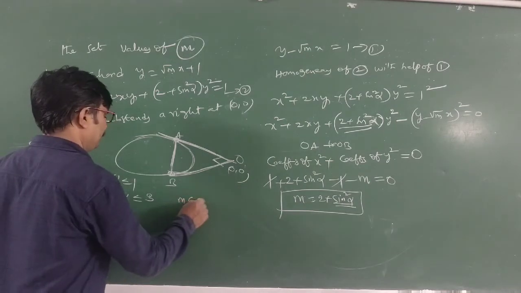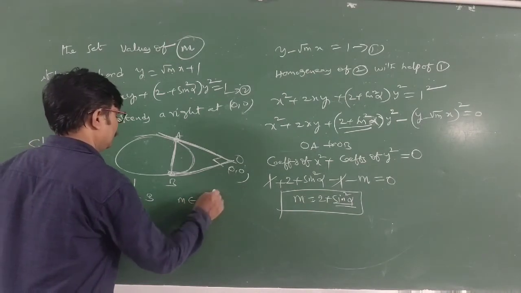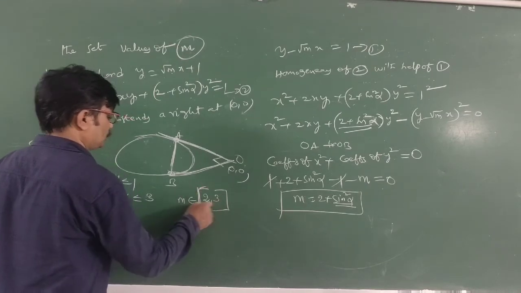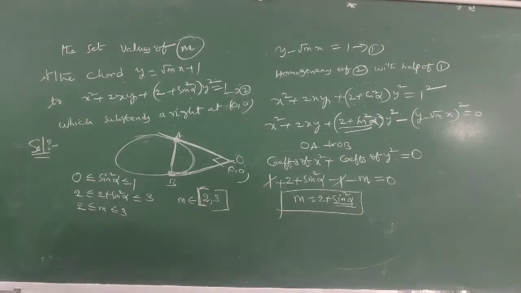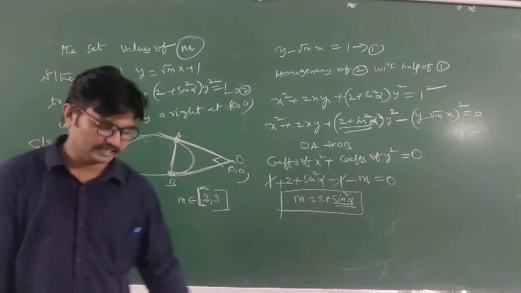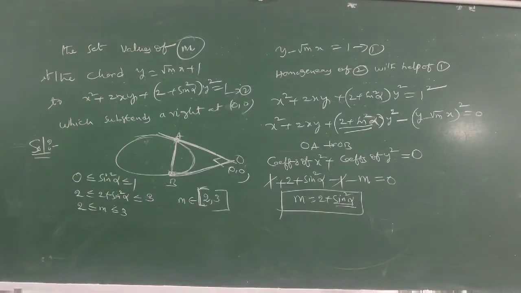So m belongs to [2, 3]. Is it clear, students? Write down: m belongs to [2, 3]. These are the set of values of m.